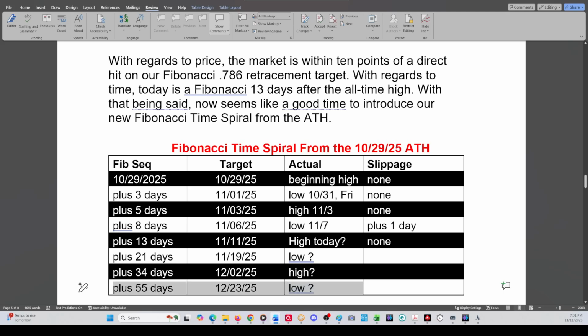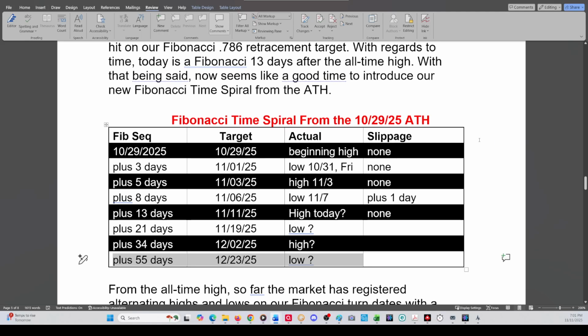And I'll just put it out there, there's no guarantee of crashes ever, but all the crashes have been Fibonacci 55 days after the all-time high, within plus or minus 1 or 2 days of slippage. Not saying there's going to be a crash. We've got to see a lot of things play out. It could just be a low, and this thing could crap out somewhere around here. It could change or not keep going. These spirals don't last forever, and some of them don't even last 55 days. But so far, so good.